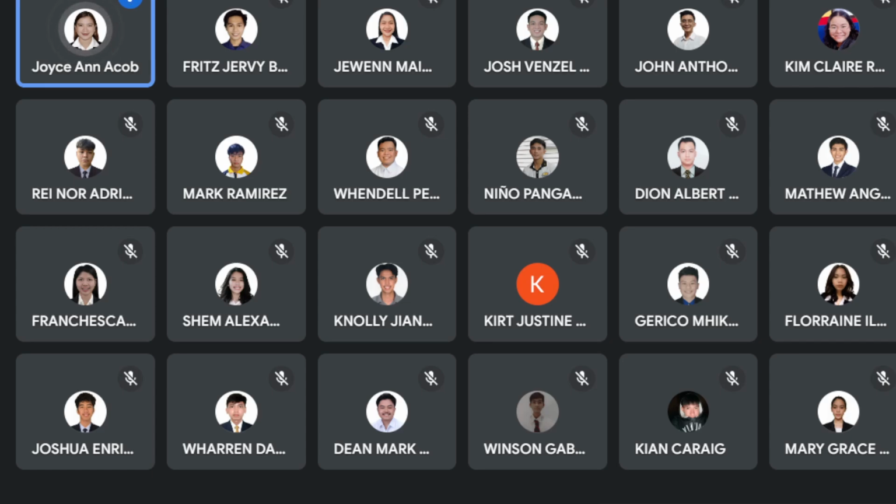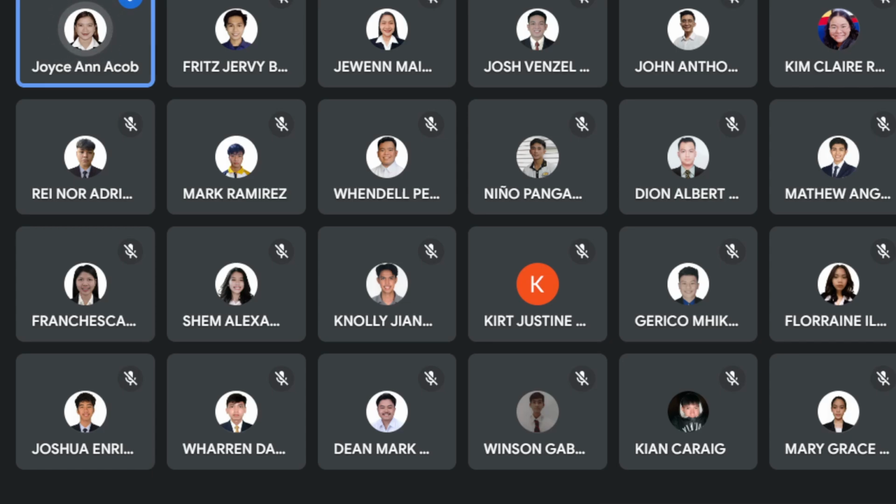And then kapag two's complement naman, kapag may negative, add LSB. And then binary coded decimal. So, decimal, number system, binary. So, yun lang po.